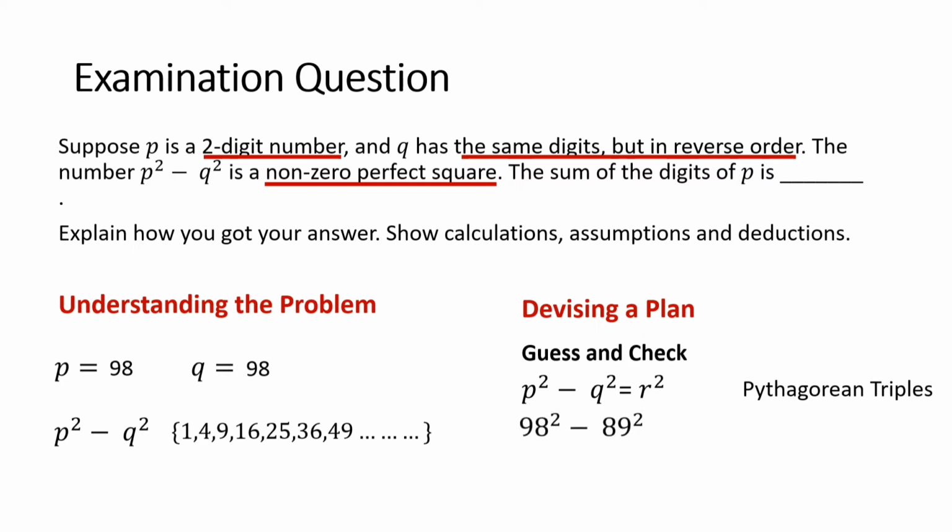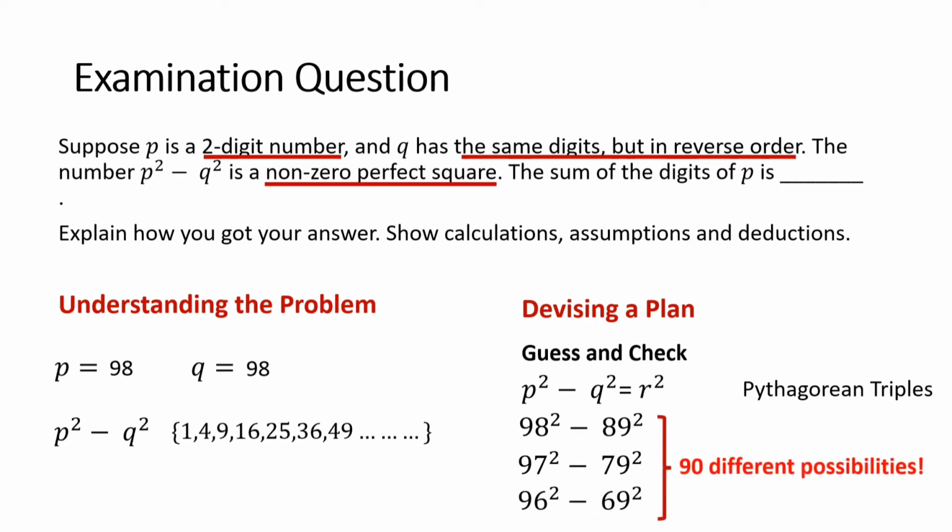But if I were to try 98 squared minus 89 squared and I did not get the answer, and I moved on to 97 squared minus 79 squared and I still did not get the answer, I can keep on trying, but these will give me up to 90 different possibilities. For the purpose of examination, this is not a clever approach.